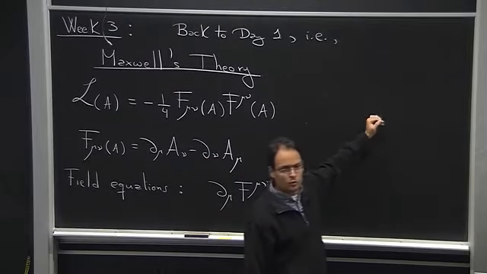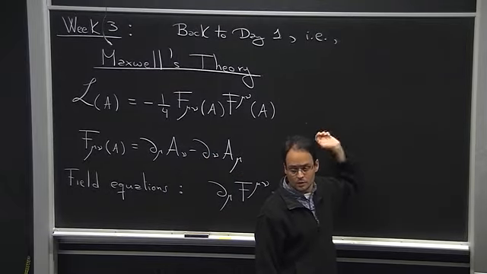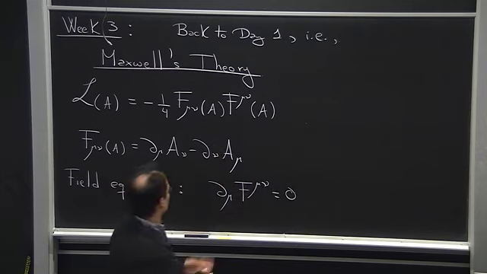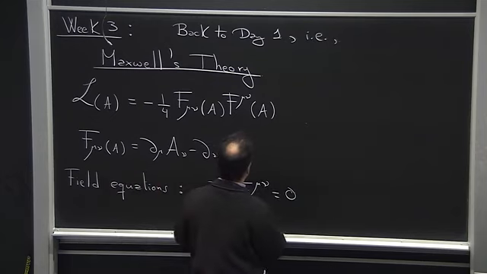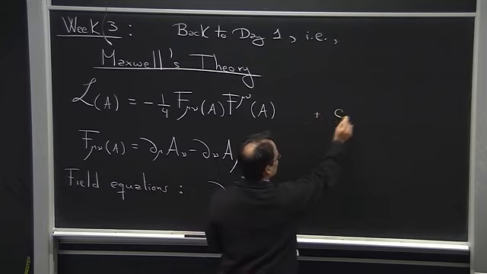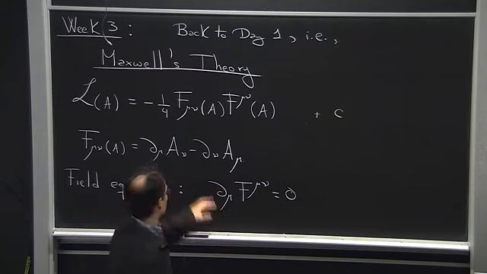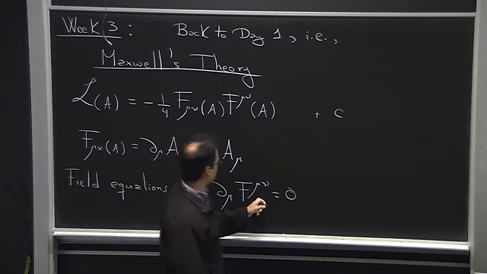Were you guys able to write the extra term in terms of F? Was anybody able to do it? There was an extra term, so you're right. There was an extra term depending on a constant c that we couldn't fix by requiring that this Lagrangian would give rise to something like this.